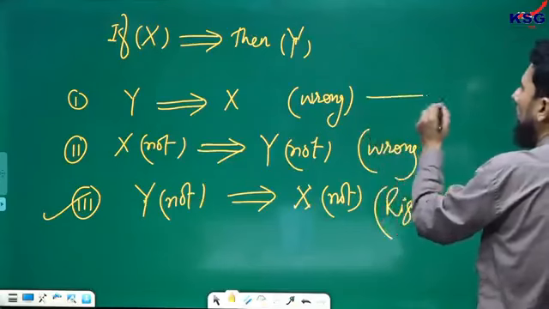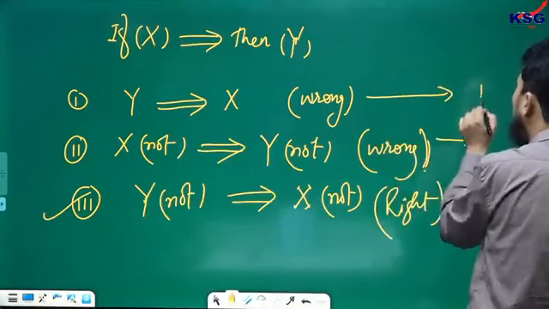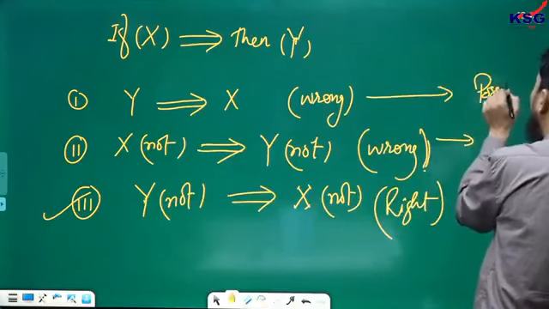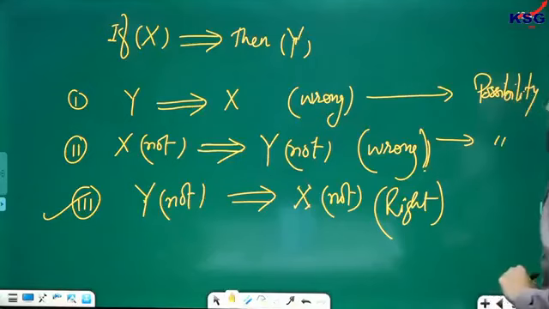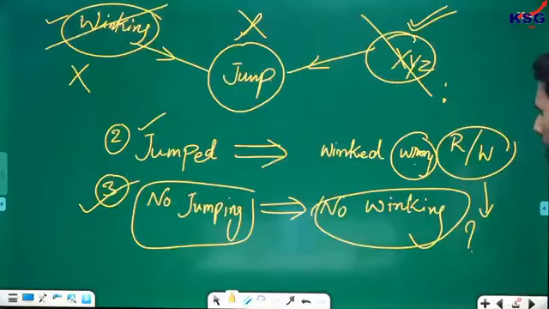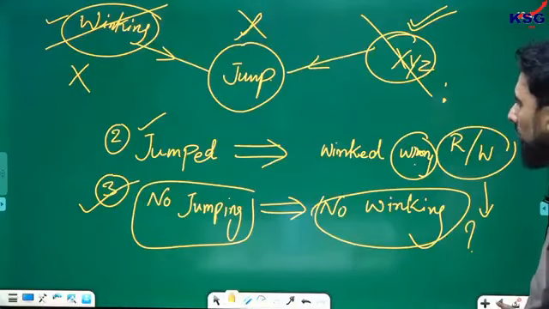Because in the first one and second one, there is only a possibility. If the conclusion is written with certainty, of course that will be incorrect. I will tell you with this example.